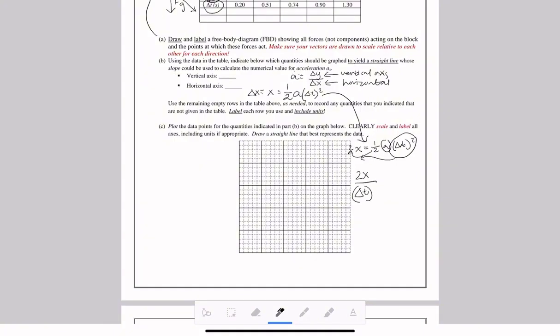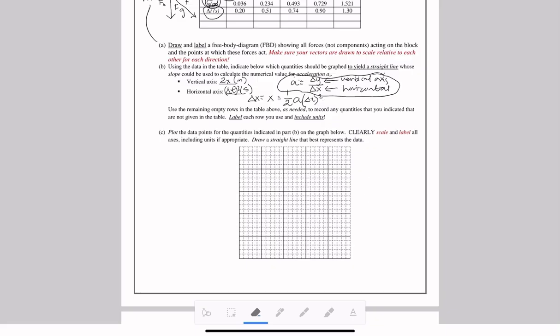So 2x over delta t squared equals A. We see with this formula that whatever the numerator is, our vertical axis, and whatever our denominator is, our horizontal axis. So we can just go ahead and write that, and then our units in meters and our units in seconds. I'm just cleaning up my work.